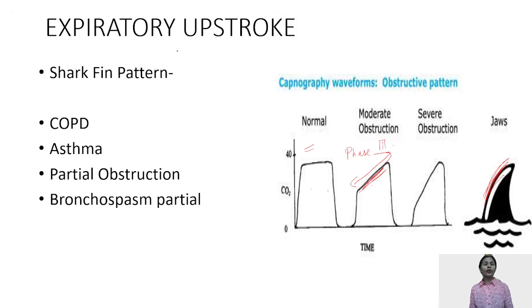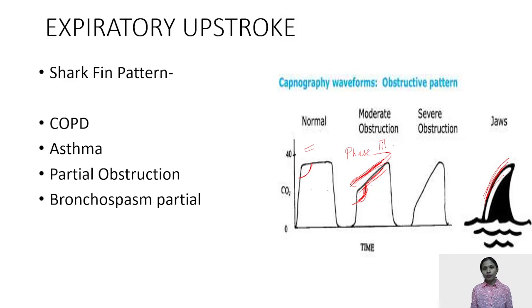The phase 3 that we have already talked about is the phase of alveoli. The alveoli are emptying, and these are those conditions in which very, very slowly the alveoli are emptying. So we can have a very steep phase 3. In these conditions, one thing that increases is this angle.